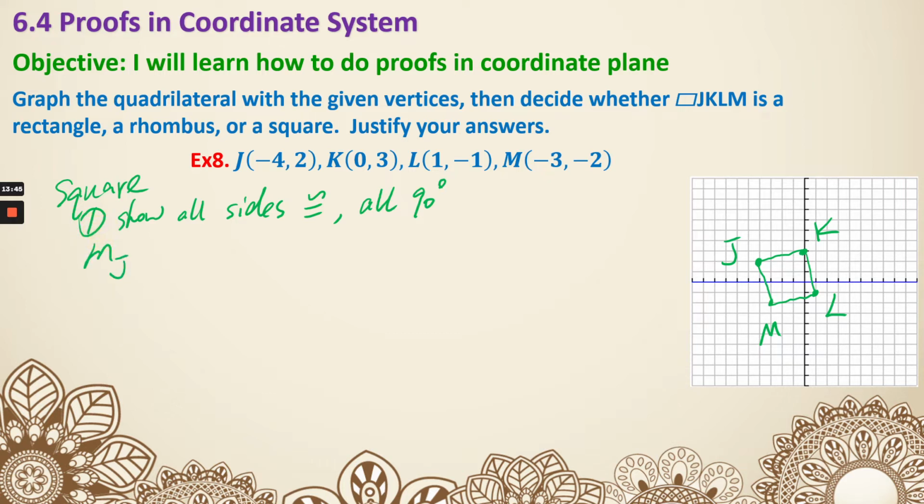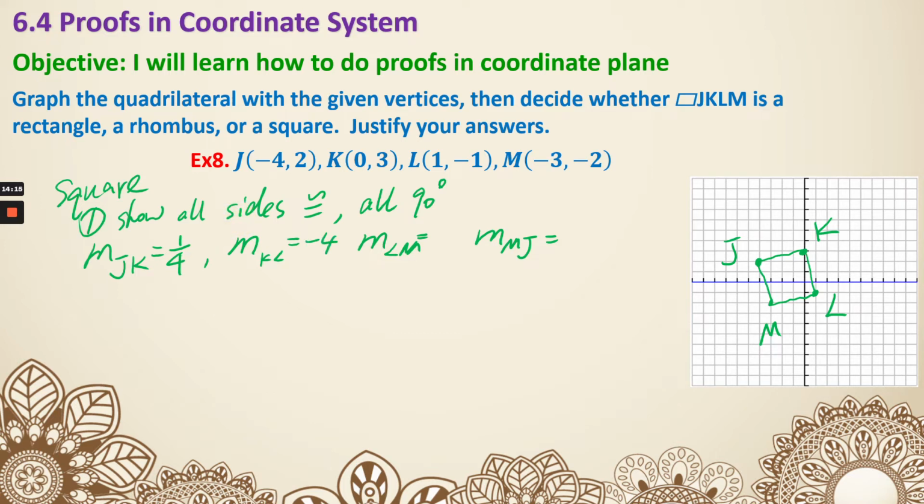Slope for JK, slope for KL, slope for LM, and slope for MJ. I need to find each one of these. Slope of JK, that would actually be 1 over 4. Slope of KL, that would be -4.